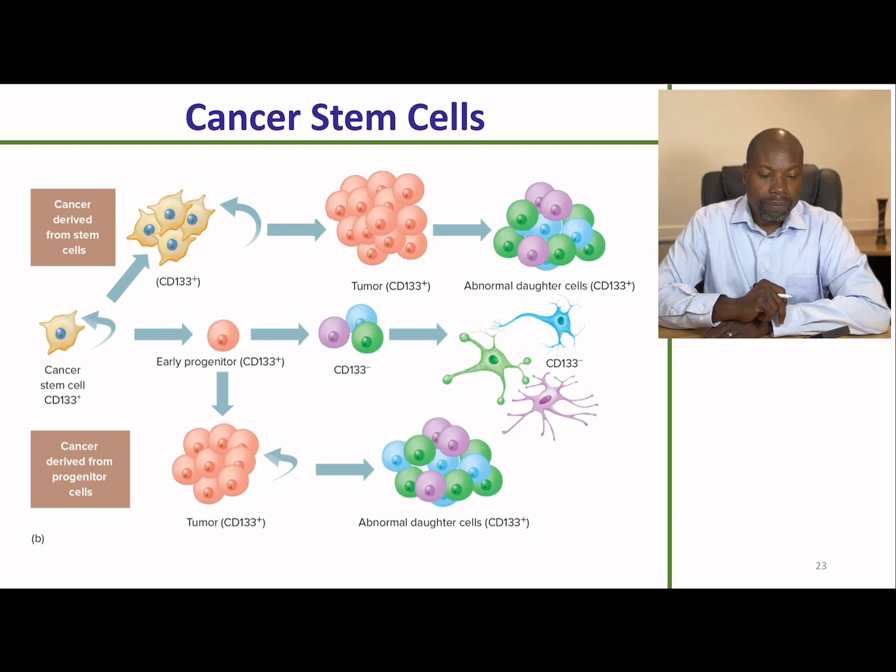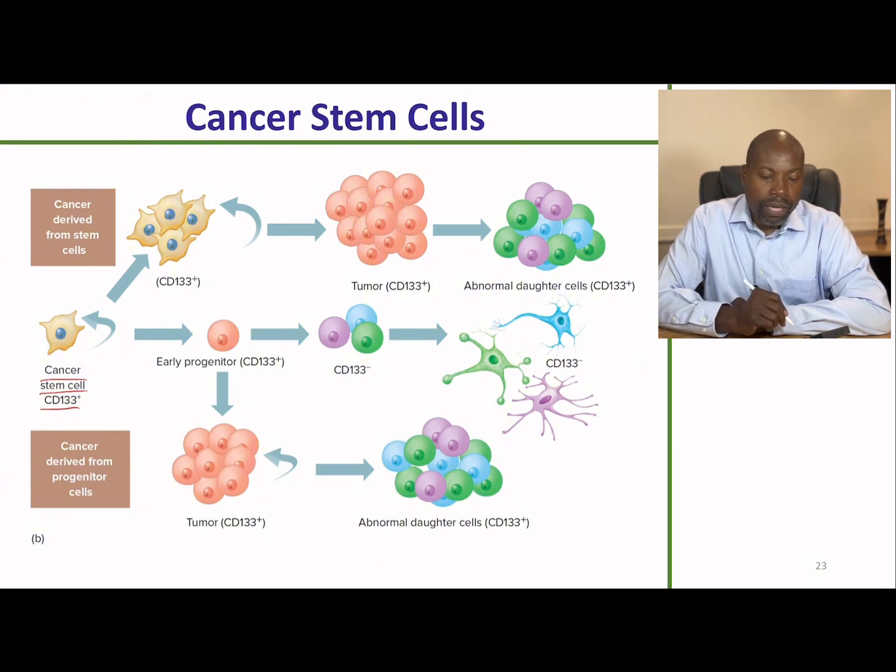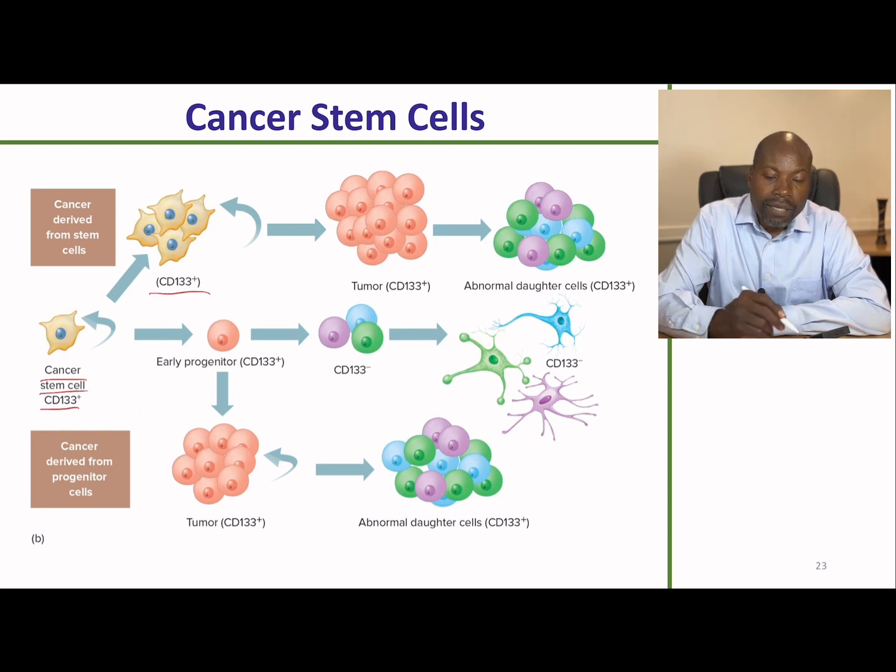So now, in a cancer stem cell, the CD133 plus is there, right? Cells are going to be able to reproduce, right? So the cancer cells are going to divide and be able to self-renew, right?